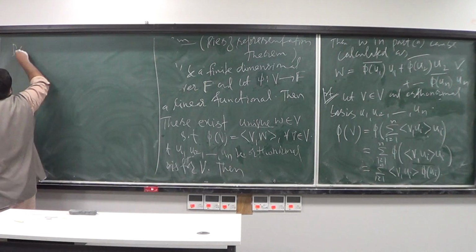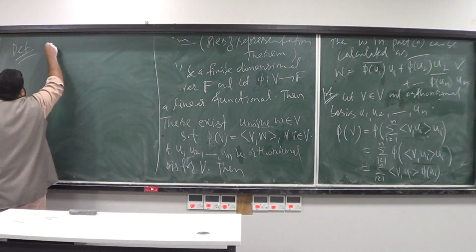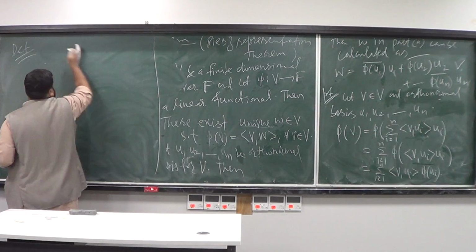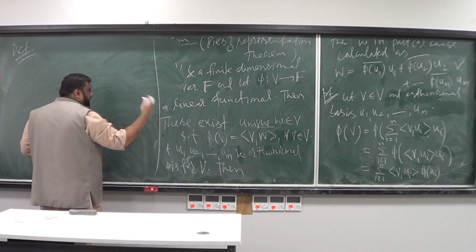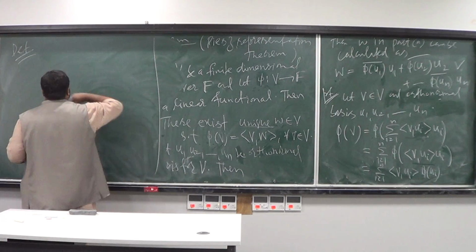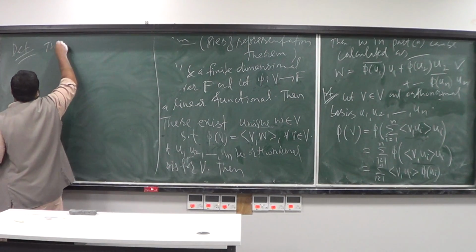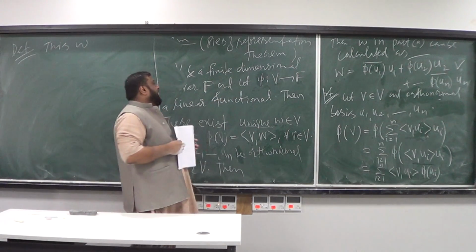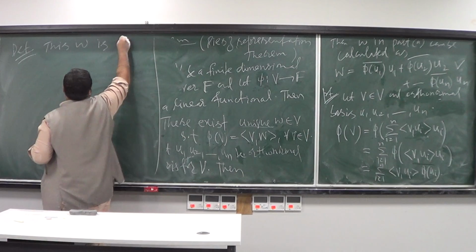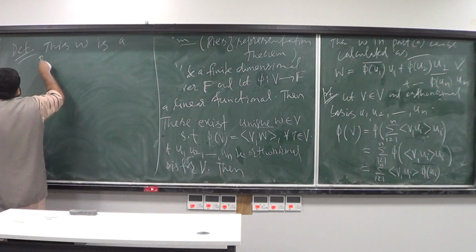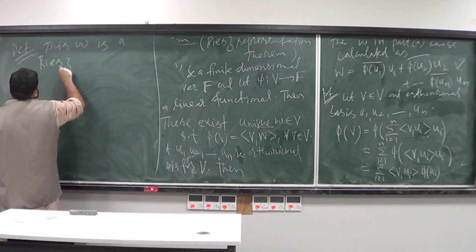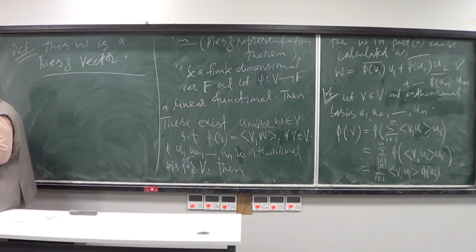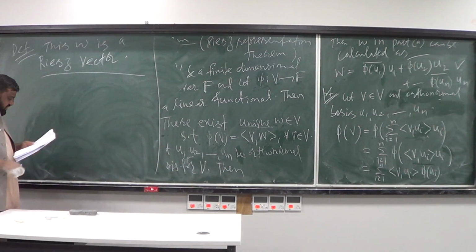So the definition is this: for phi from V to F, I know that I can find a unique W. So this W that is uniquely associated with phi, you call that W the Riesz vector. So this W is called the Riesz vector. Okay, so this vector has been given a name.